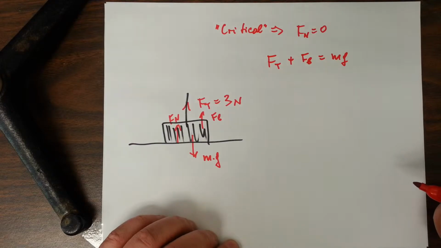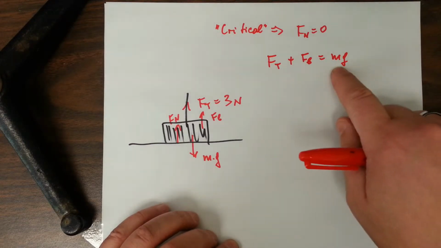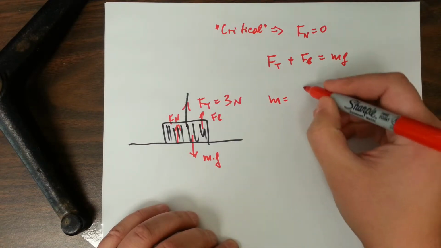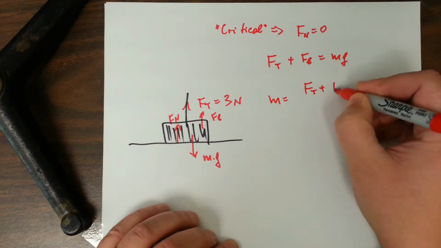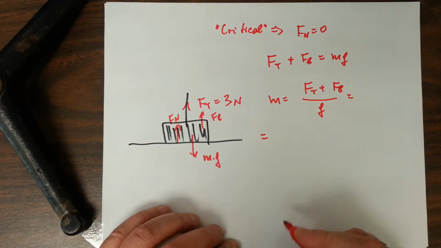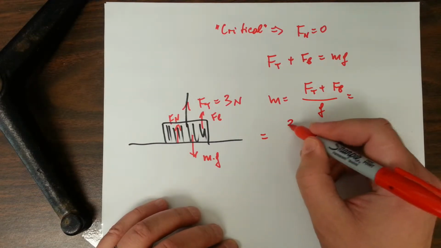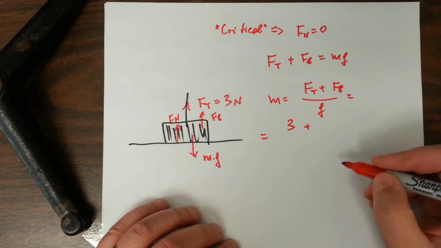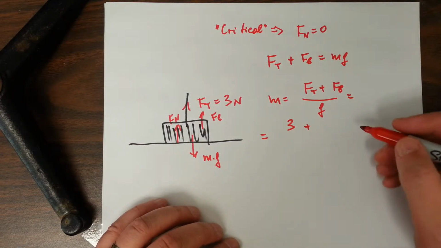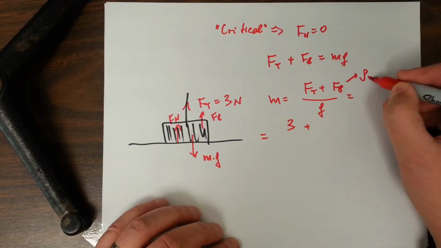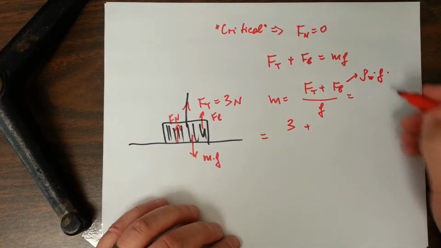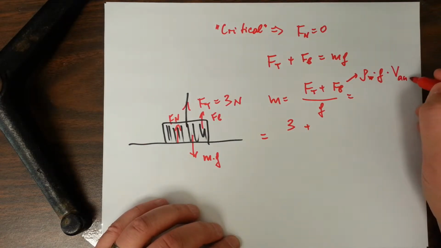And now, if we need to calculate that critical mass, that's what we have to calculate. So that 3 newtons, and to get the buoyant force we have to calculate it, and it's equal to density of water times G times the total volume of the anchor.